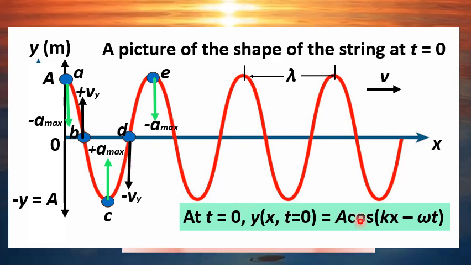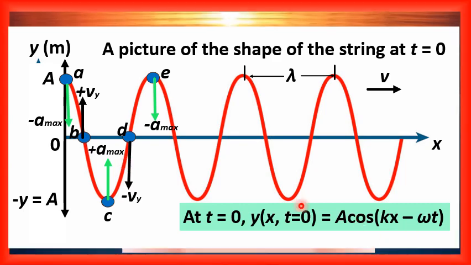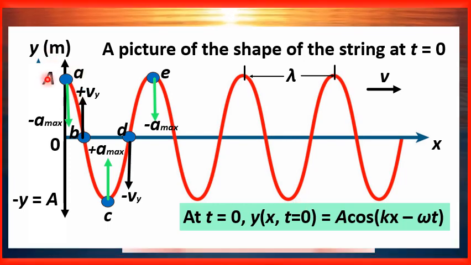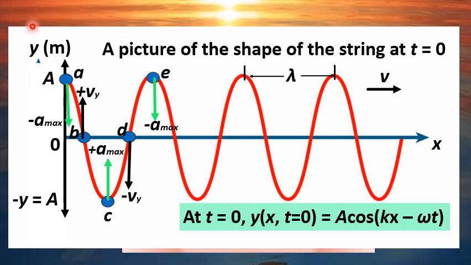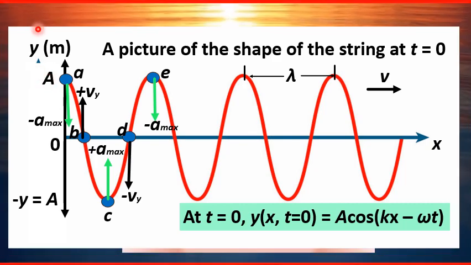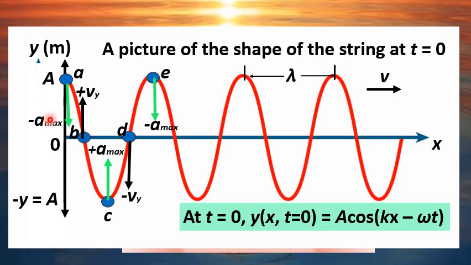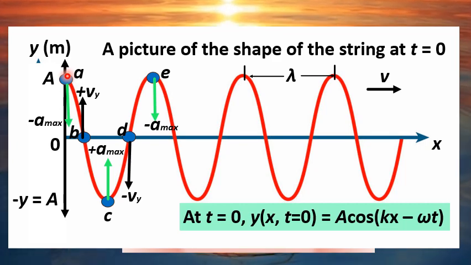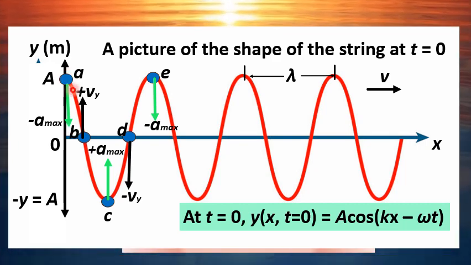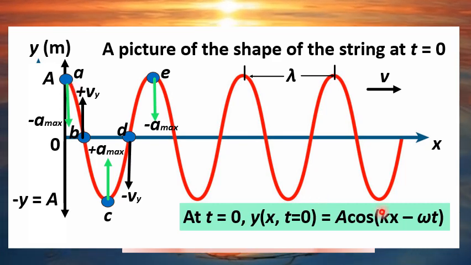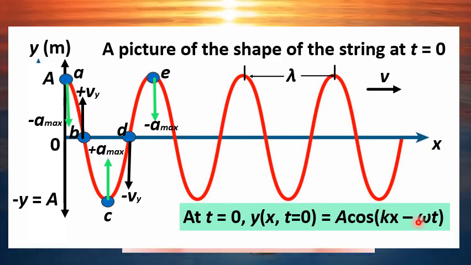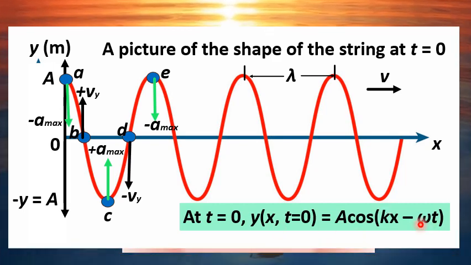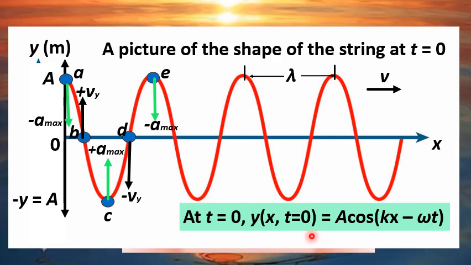We can check. Earlier we said that the displacement of particle A is at its positive maximum, exactly at the amplitude. We can check that by substituting x equals 0 and time equals 0, and determining the value of y.